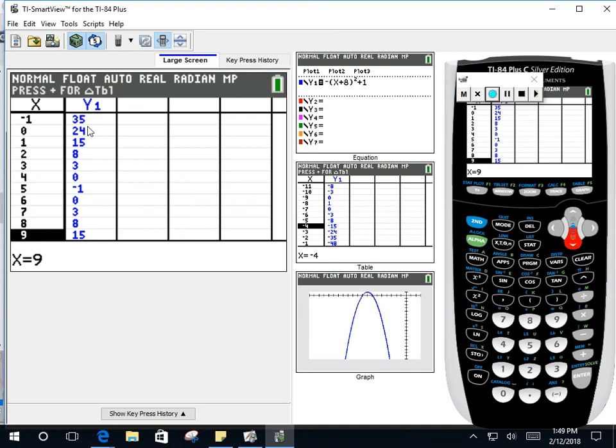Okay, look at all the repeaters. 15, 15, 8, 8, 3, 3, 0, 0. So that negative 1 is your vertex because it doesn't repeat. (5, -1), and we already plotted that. What's the y-intercept for this one? (0, 24), so I'm going to go ahead and write that.